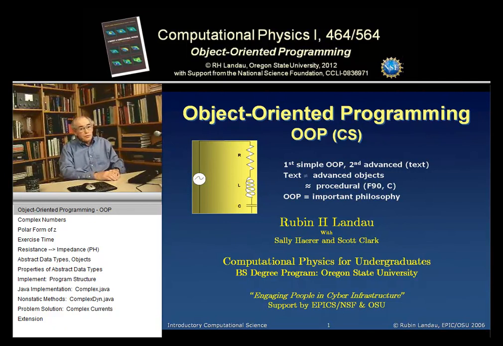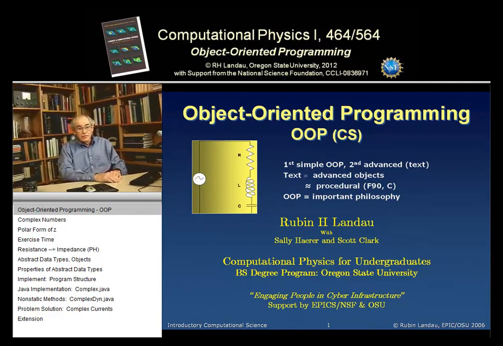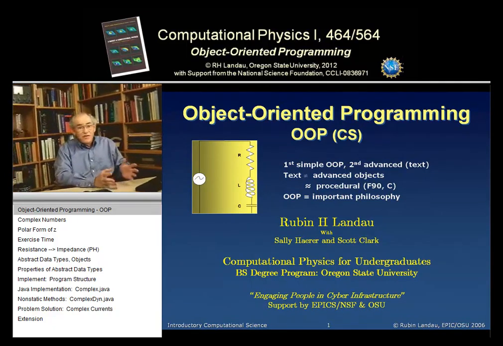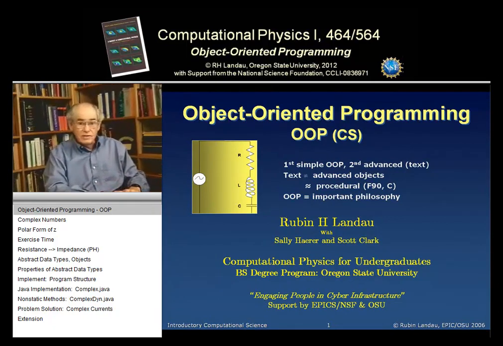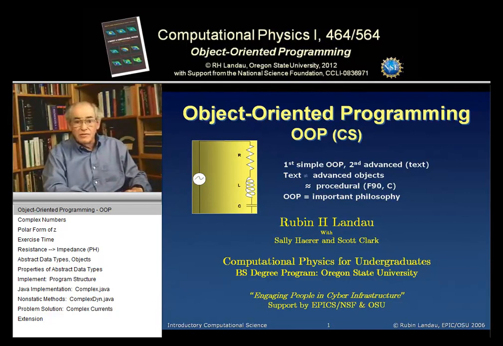Many people who don't know anything about object-oriented programming find it very hard to get going. So we've done a number of things to get you going more easily, and that's what this discussion will be about. I should say that the text, while it uses some object-oriented programming, uses it very mildly and stays more or less within the procedural programming techniques that are more common in Fortran and C. That's not to say object-oriented programming is not important.